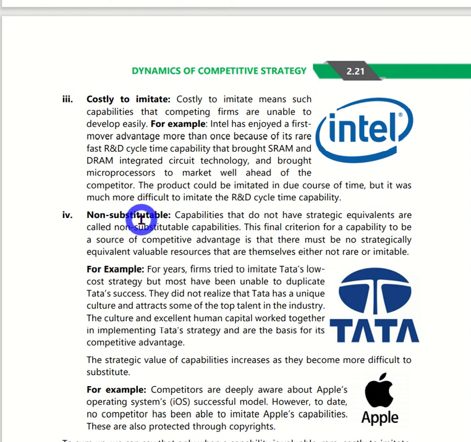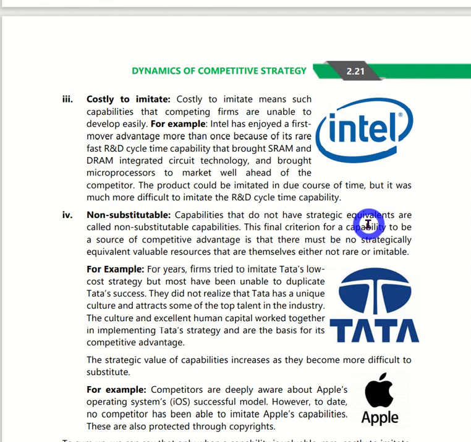Non-substitutable. So it should not be possible to locate a substitute for your competency. And here one point is very important. Therefore, I want to read the paragraph to you. Capabilities that do not have strategic equivalence are called non-substitutable capabilities. That's straightforward. So you don't have any strategic equivalent.